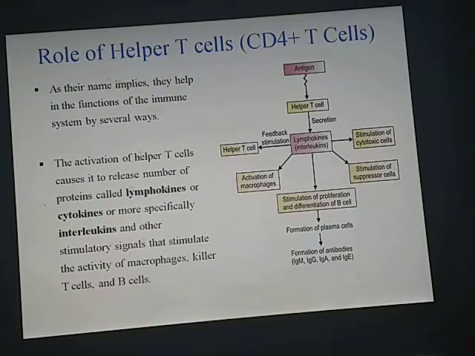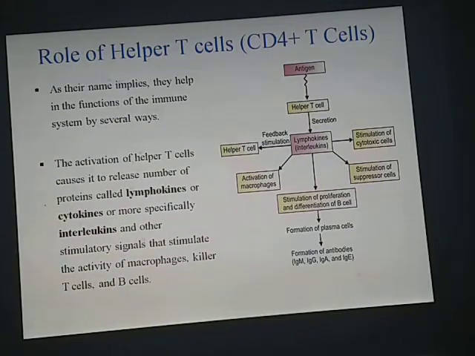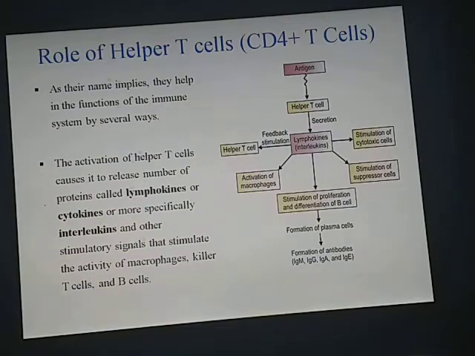As their name implies, they help in the functions of the immune system in several ways. The activation of helper T cells causes it to release a number of proteins called lymphokinins or cytokinins, or more specifically interleukins, and other stimulatory signals that stimulate the activity of macrophages, killer T cells, and B cells.